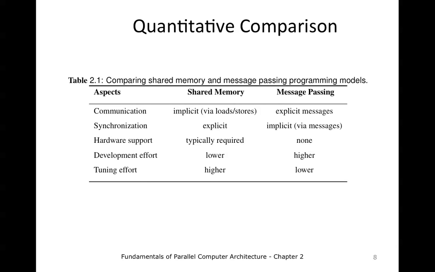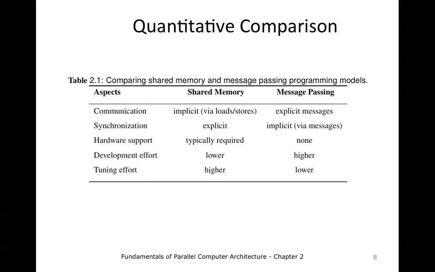Synchronization, on the other hand, is implicit in message passing because message sending and receiving have a dual role in the sense that they act as synchronization, ordering which computation happens before which computation. In shared memory, because the communication is implicit, there needs to be an additional mechanism for synchronization. Therefore, synchronization is explicit.